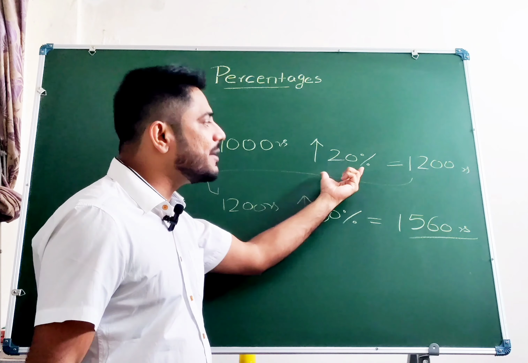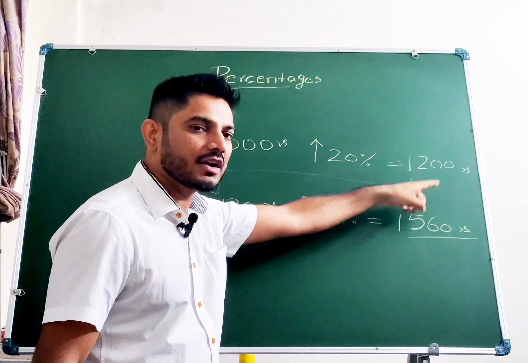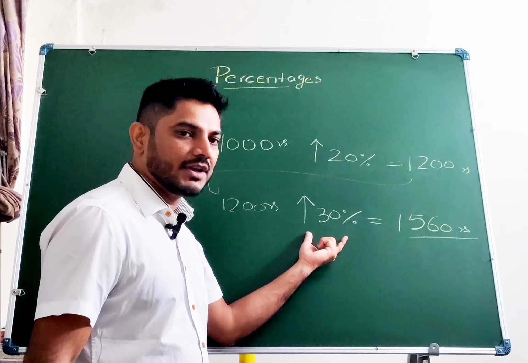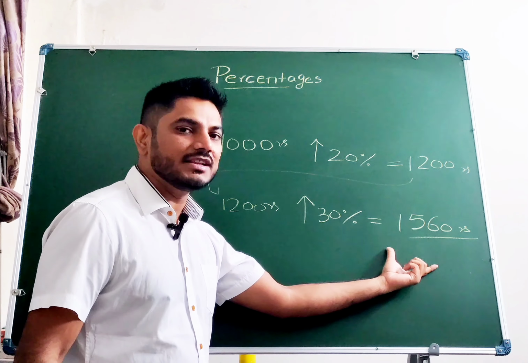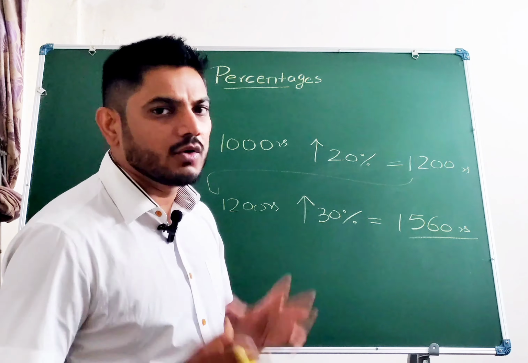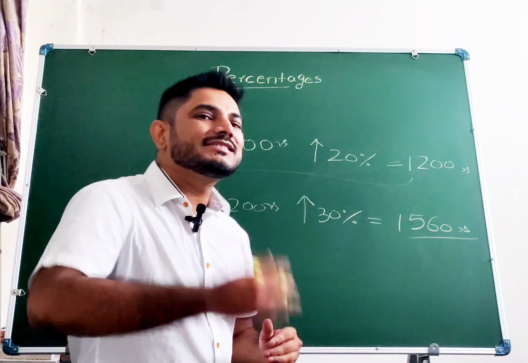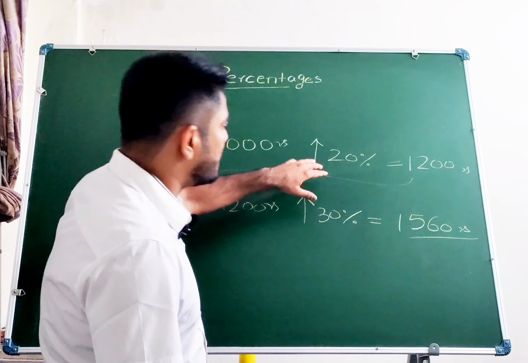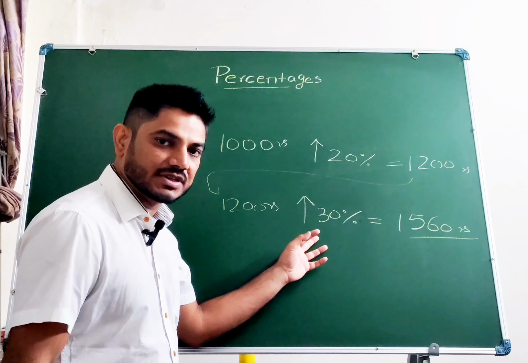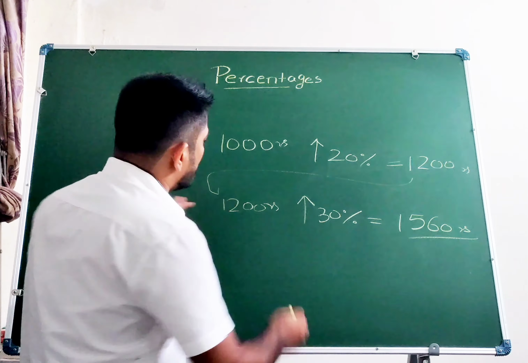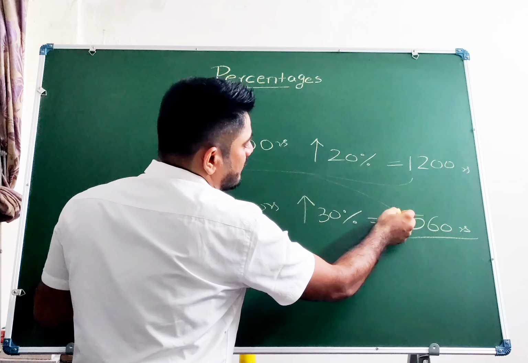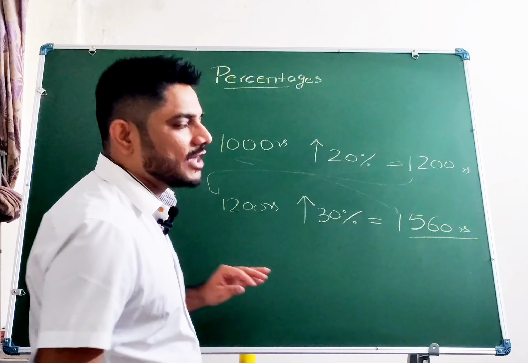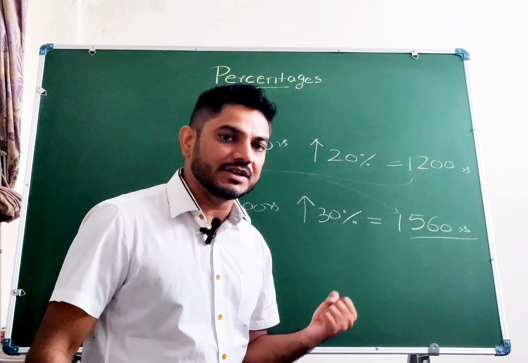Now, if you observe, I had 1000 rupees earlier. I increased it by 20% initially, got 1200. I then again increased it by 30% and the final value was 1560. What happened over here? I performed successive percentage changes, or successive percentage increments, first by 20% and then by 30%. My initial to final value has changed by 560 rupees.